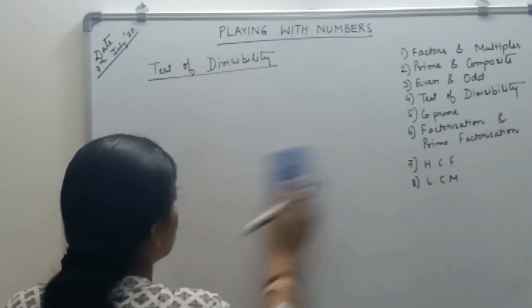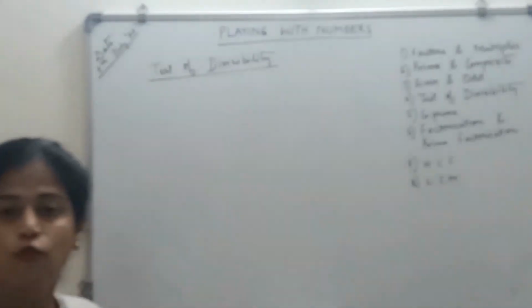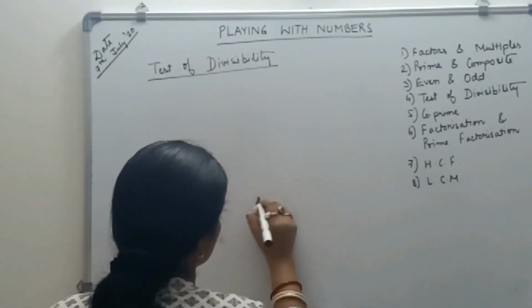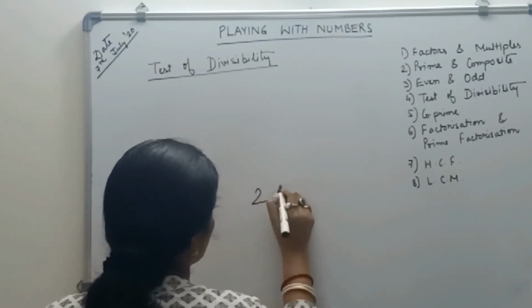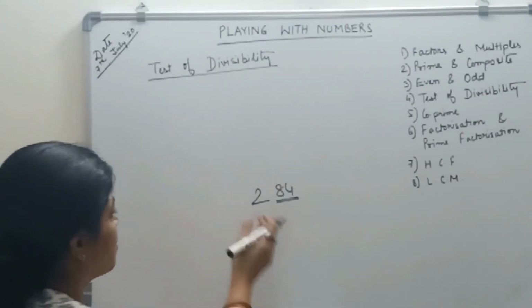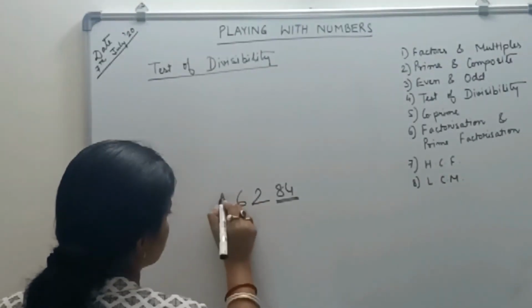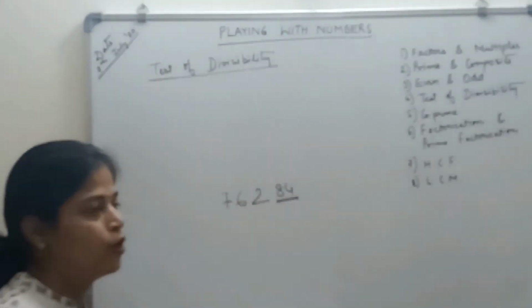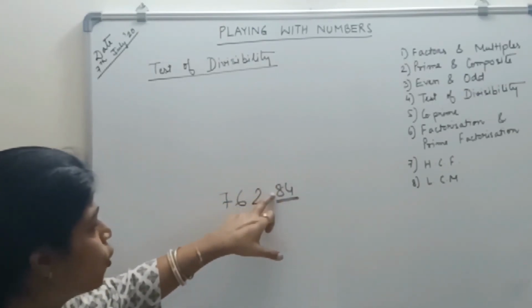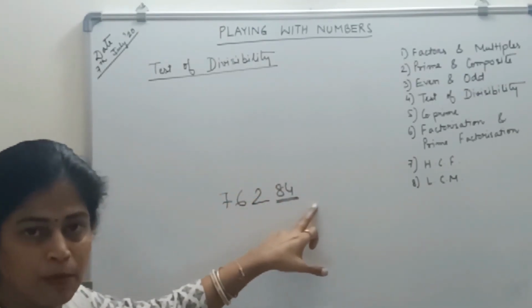Now coming to test of divisibility of 4. For 4 we need to check the last two digits of a number. Suppose a number is 284. I will check the last two digits of the number. It may be a much greater number, like 76284, but I will check only 84. If 84 is divisible by 4, then the whole number will be divisible by 4.